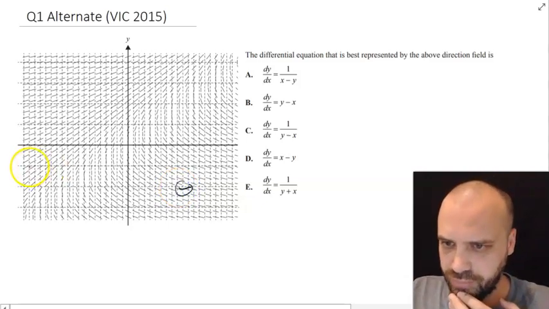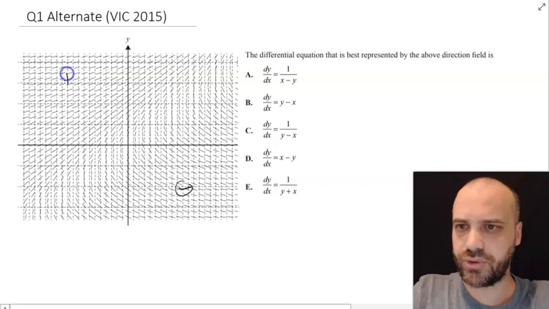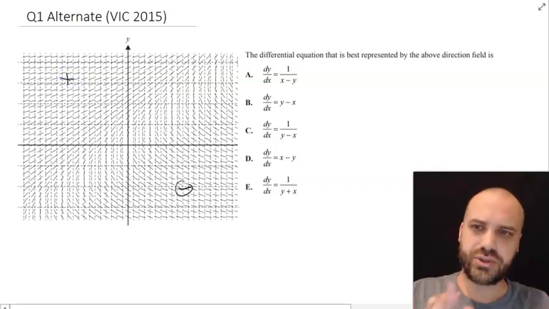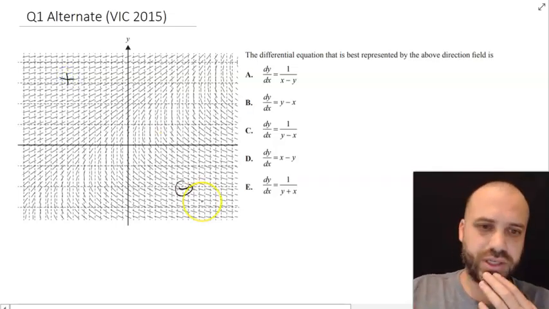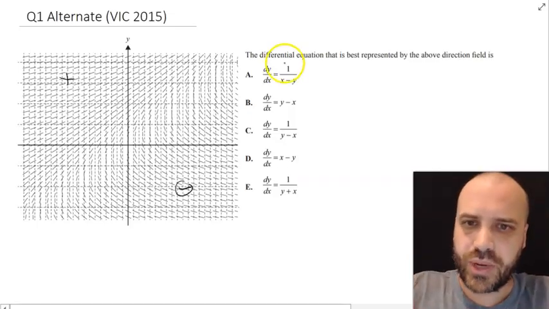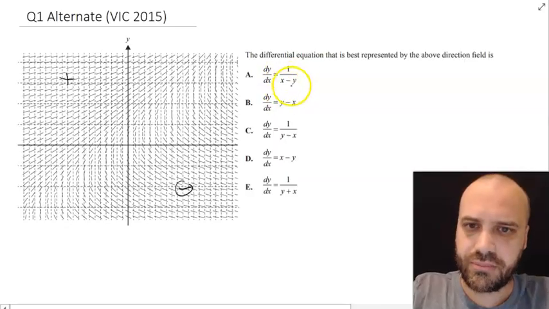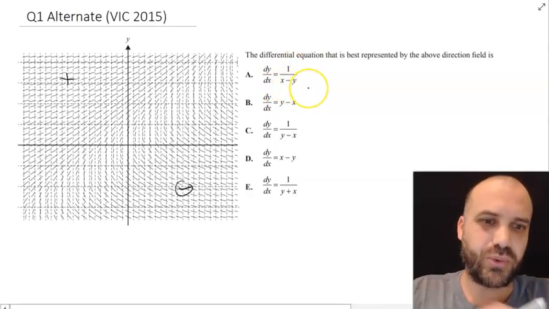In here, we have both positive and negative gradients. But in here, we always have positive gradients. All right, so I can at least use this negative and positive idea for quadrant 2 and quadrant 4. So let's see. 1 over a negative x minus a positive y.